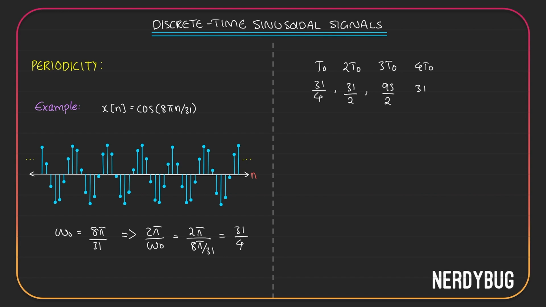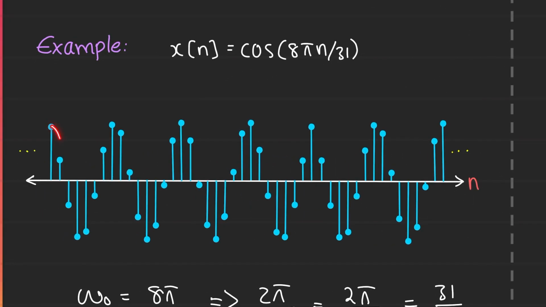Now, you can disagree with me all you want because you can look at the signal over here. I have drawn it here. You can see it goes like this, right? And you can visually see that it is repeating. But let's take a closer look. It goes like this. So this has to be one full cycle.